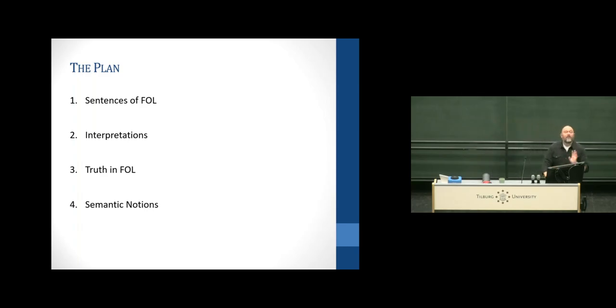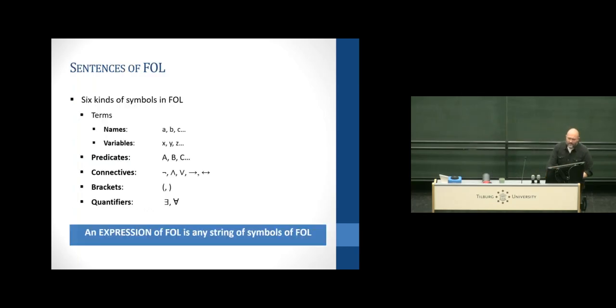Cool. So let's jump straight to sentences of FOL. As we remember, FOL as a language is composed of 6 types of symbols. We've got the 2 different types of terms. We have our predicates. We have the connectives, the 5 connectives we inherited from TFL, our brackets that do the same things, and our 2 quantifiers.